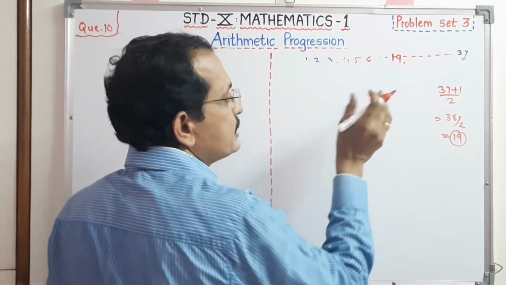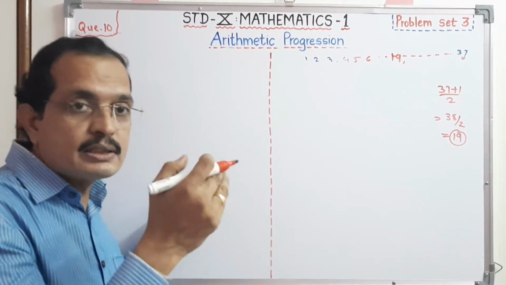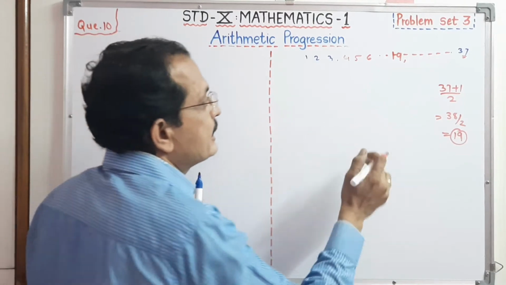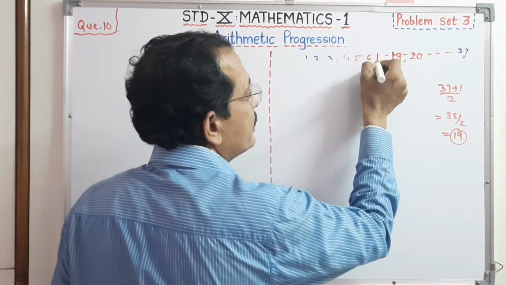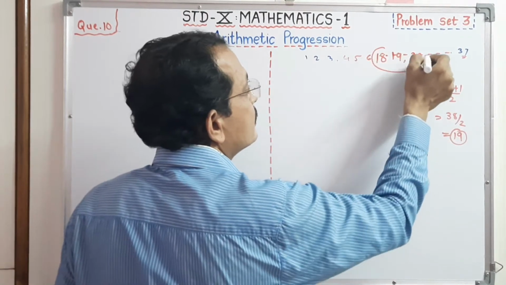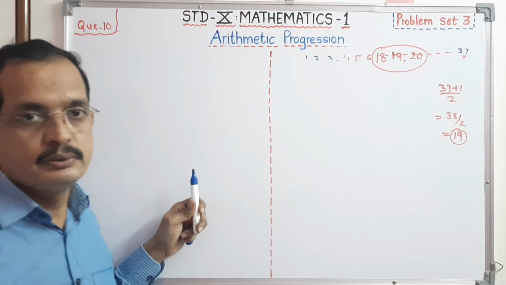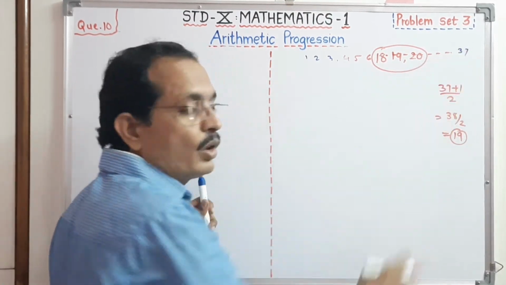Then see here, what is given? The sum of the exactly 3 middle terms. The exactly middle term is 19, then it is 20, and here it is 18. These are the exactly 3 middle terms. Any doubt? Now see here, there are a total of 37 terms, that is an odd number.